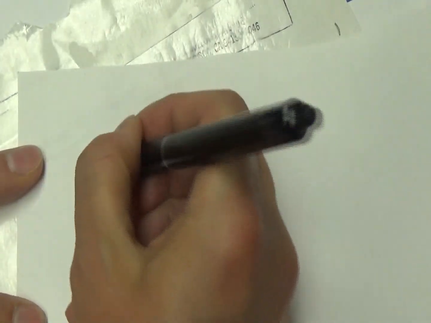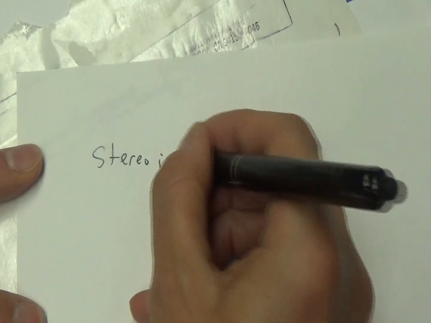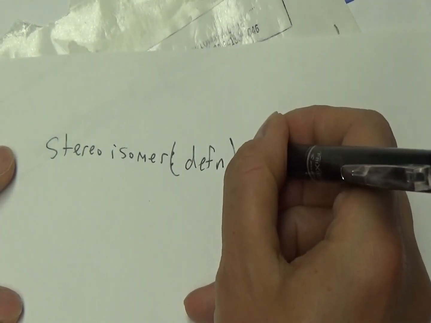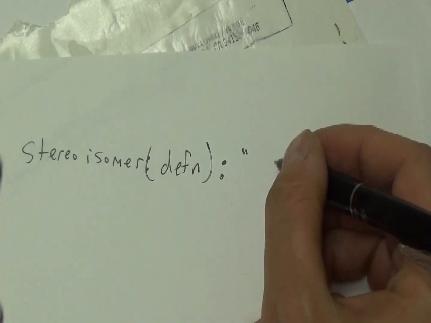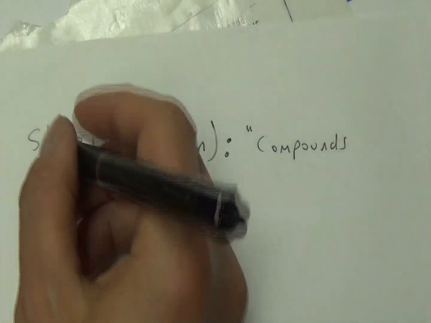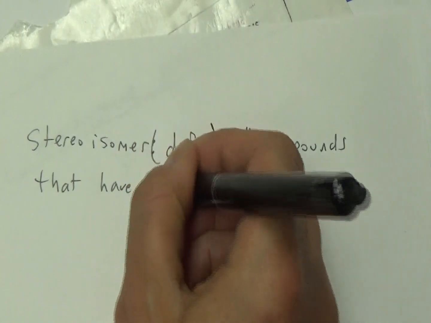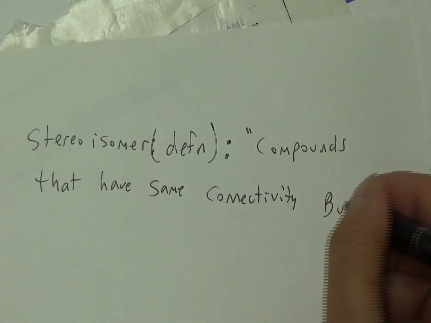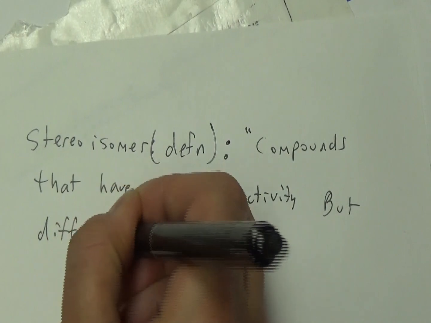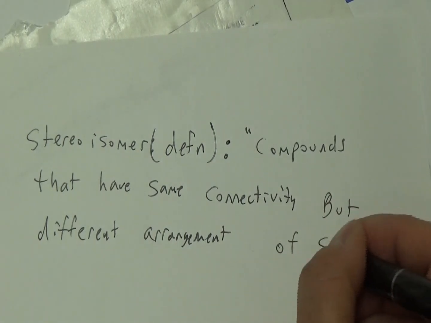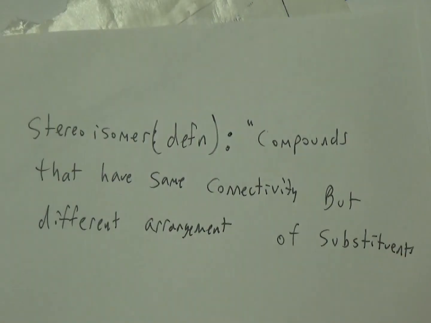I'll quickly give a definition of stereoisomers. Stereoisomers: compounds that have the same connectivity but different arrangement of substituents in space.